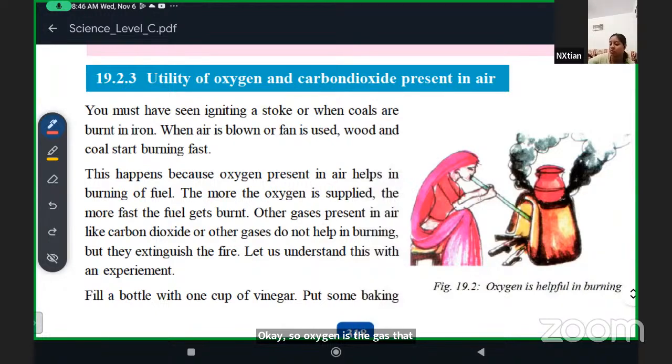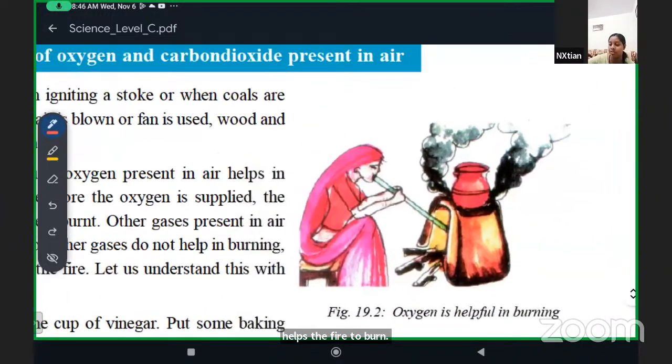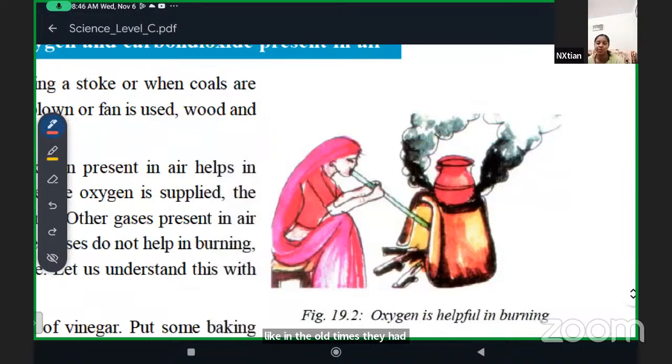Like in the old times, they had this stove called a chula. When women used to light the fire, they used to blow into it with a pipe, the air, so that the fire ignites. Your grandmother still does that? Yes.